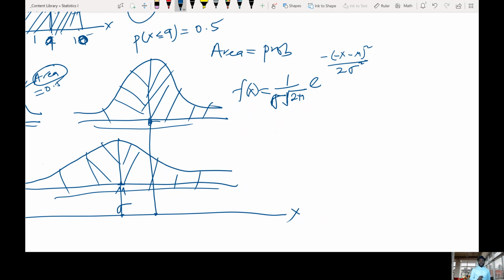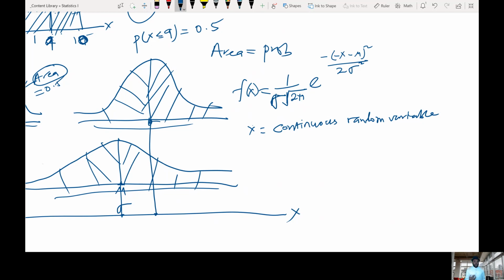In this function, x is any value of the continuous random variable. Our continuous random variable is not discrete this time around, as we saw in the previous chapter.